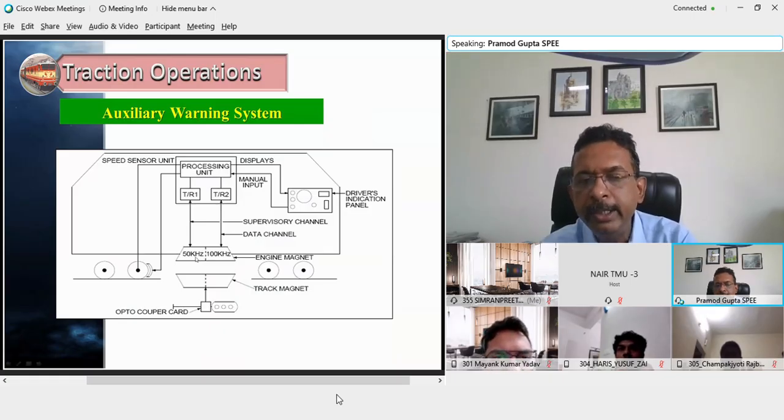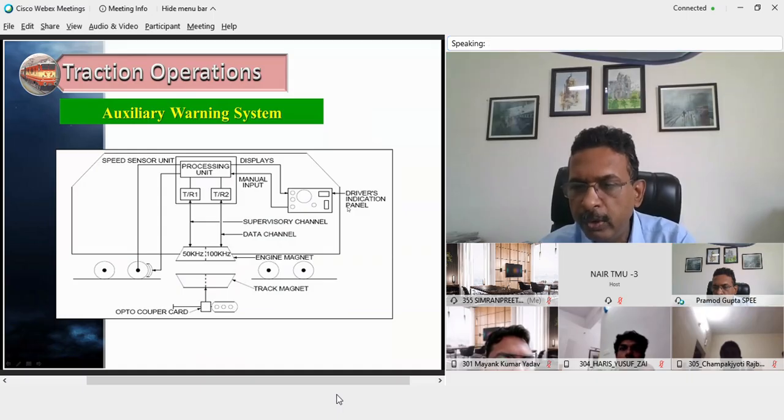The primary data which is required to collect is the current speed of the locomotive, and the current speed of the locomotive is always compared with the aspect and the speed restriction or the speed limit which is there in this section. And whenever there is a mismatch or there is an over speed, then the loco pilot is warned to take the corrective action.